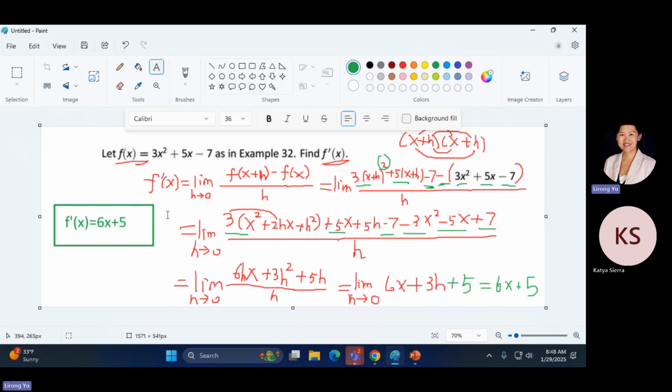It's kind of like having the 3 times 2, and then the x power goes down by 1. Instead of degree 2, now we have degree 1. So we can gradually go through some examples and try to make out the rules or underlying pattern from the relation between the derivative and the original function. Any questions?